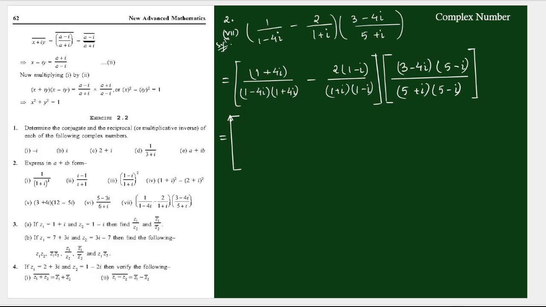From where the arrow came, you think this is a square bracket, okay, so this will be 1 square minus 4 square, how much is that? 16. We'll do it like this: 1 square minus i square.